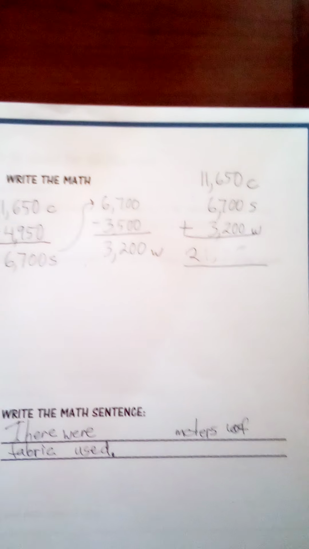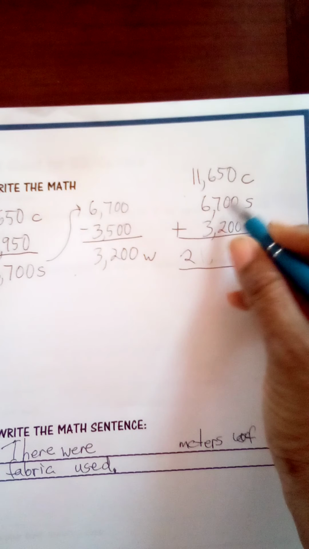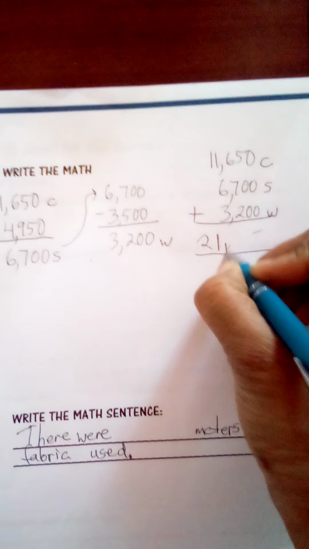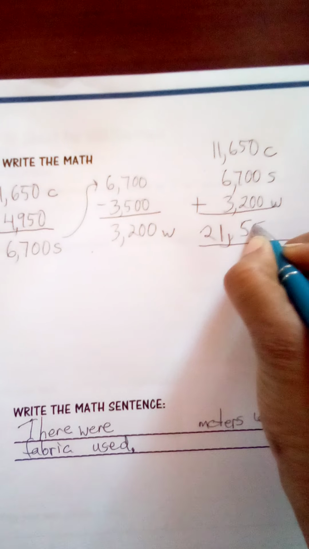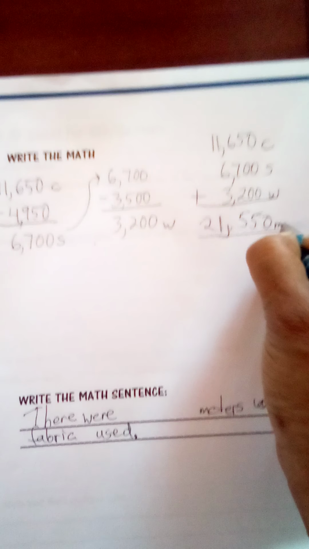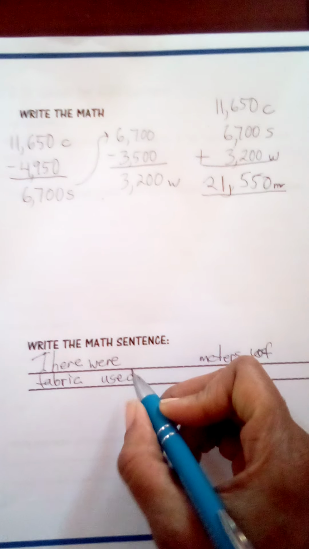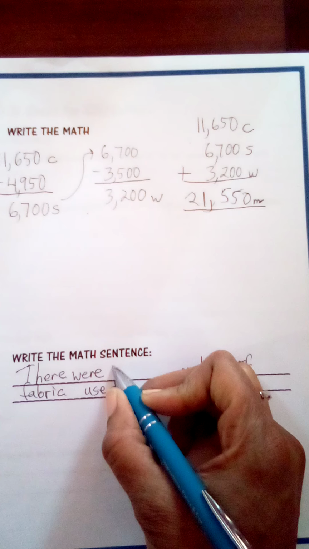Here I've shown the math of the subtraction that we just did, but now the addition, you see we have to add all 3 of these values to get to 21,550 meters. Now, in the RDW, the concluding part is to write the word sentence.